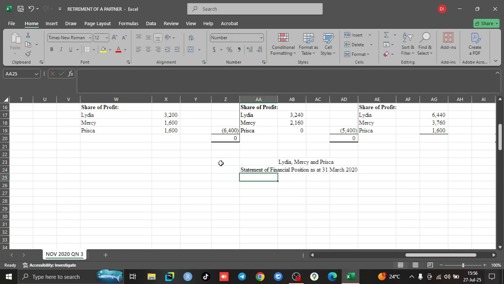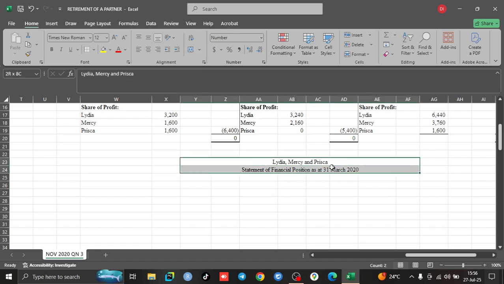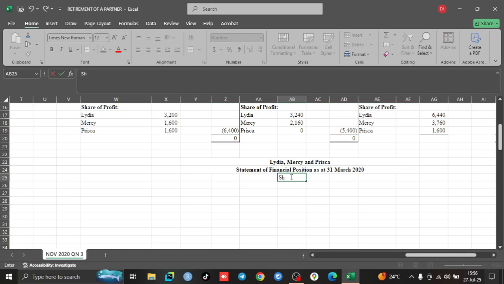So this is, in my opinion, the easiest part of these questions because they don't have so many adjustments. Not like the case of the statement of profit and loss and appropriation. For the statement of financial position, it's more or less clear cut. You don't have to adjust so many things. Some are not even adjusted at some point.